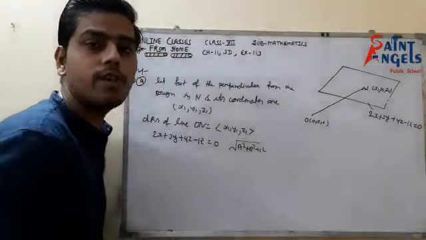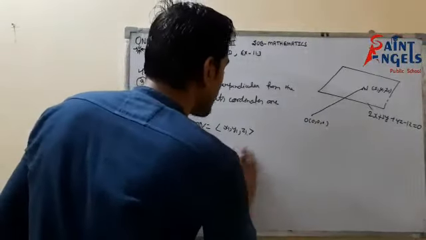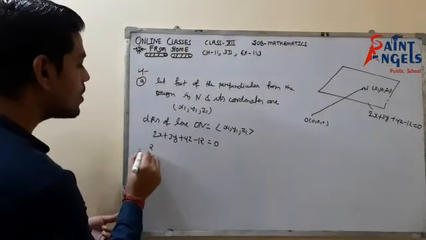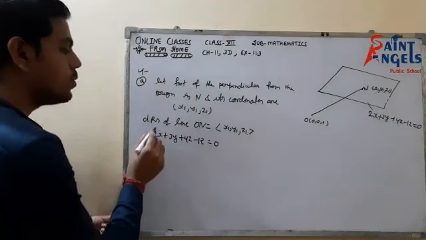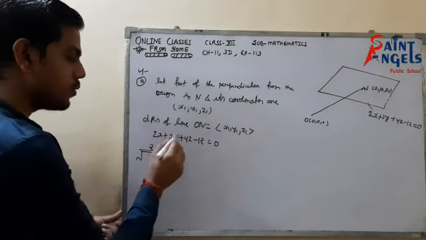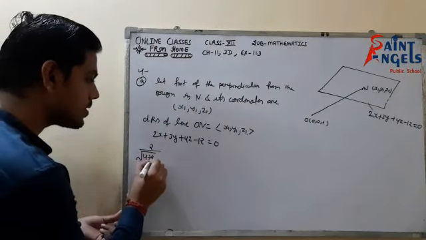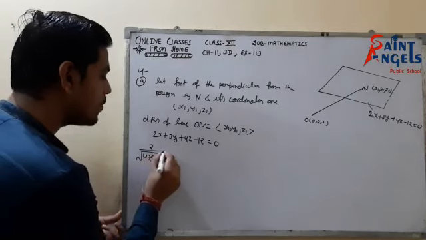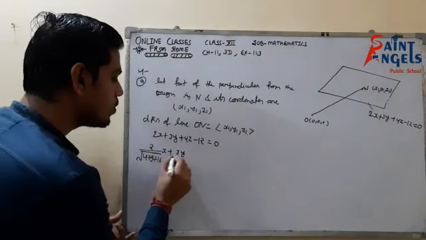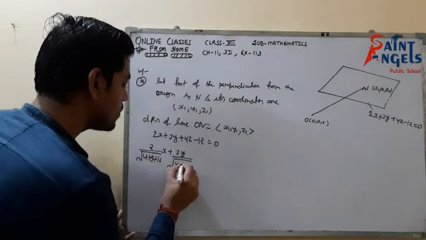So here I have to divide by the square root of 2 square plus 3 square plus 4 square, that is 4 plus 9 plus 16, for each and every term of this equation.